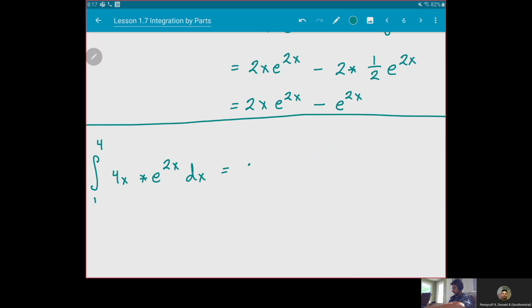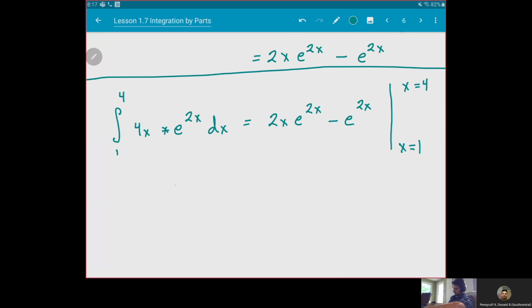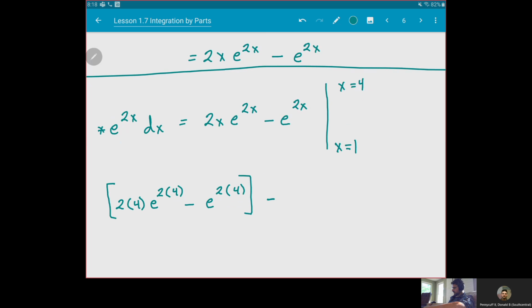So this is equal to 2x e to the 2x minus e to the 2x. And we are integrating that from x equals 1 to x equals 4. Okay, so the top goes in first. And then the bottom goes in.